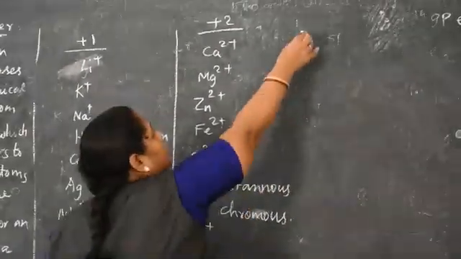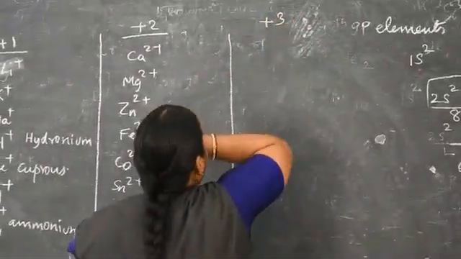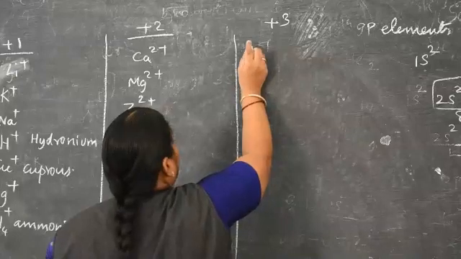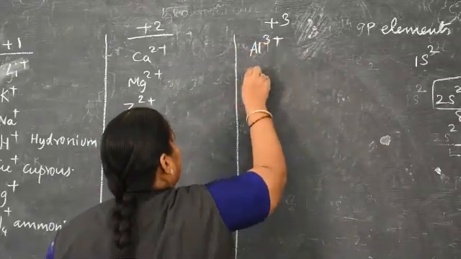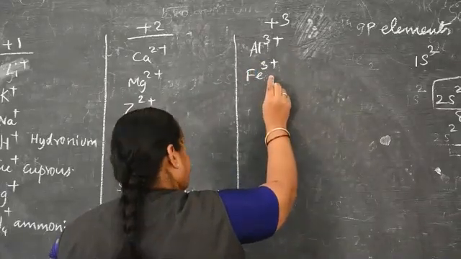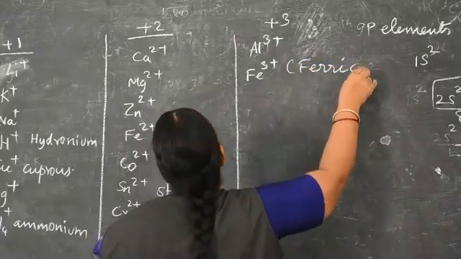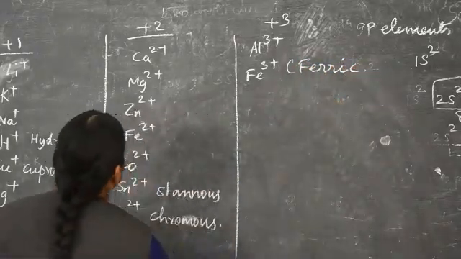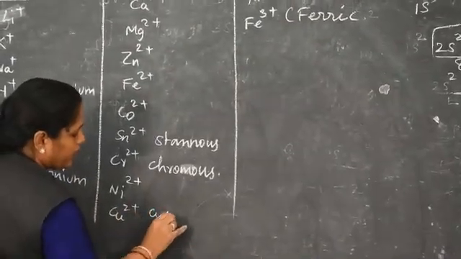Na2+. I write few only. So +3 oxidation state. Plus 3, that is called as Al3+, Fe3+. It is Fe3+, it is called as ferric, and Cu2+ is called as cupric.